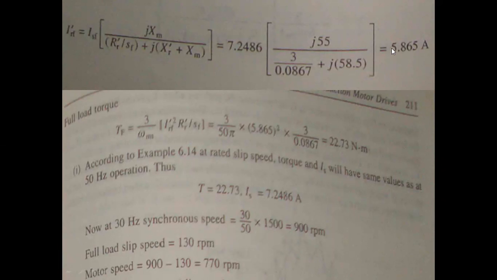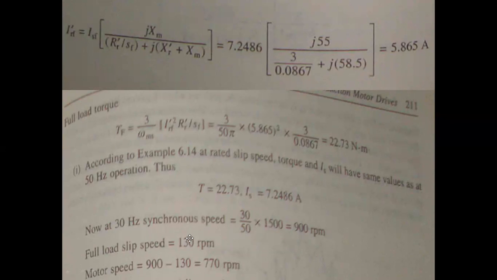So from this we have to find the full load torque. TF is equal to 3 by omega ms into I dash RF whole square into RR dash by SF, which is 3 by 50 pi into 5.865 whole square into 3 by 0.0867. From this you will get 22.73 Newton meters.